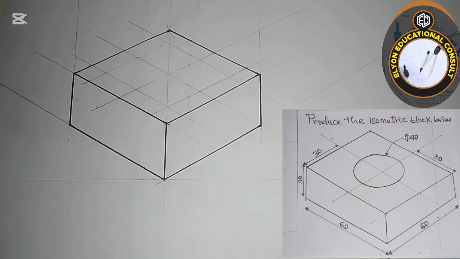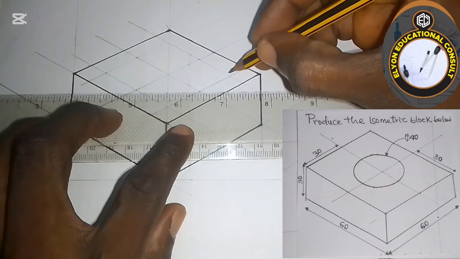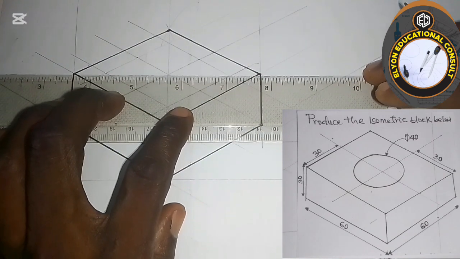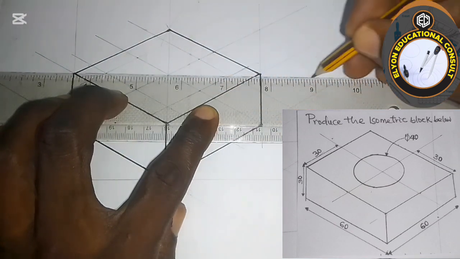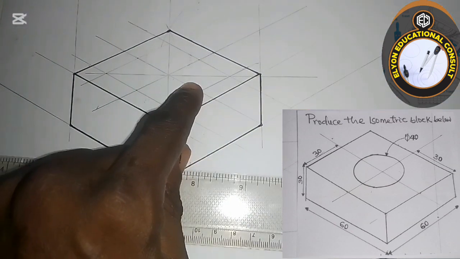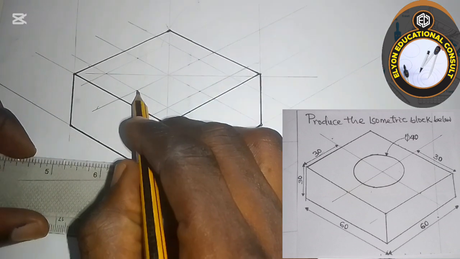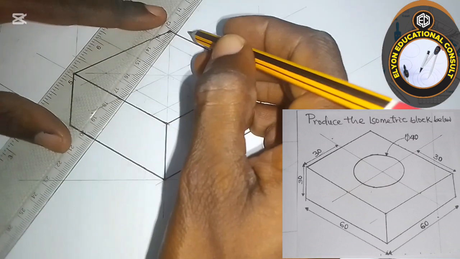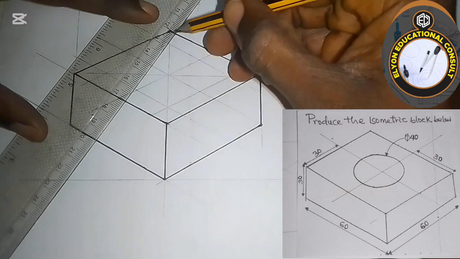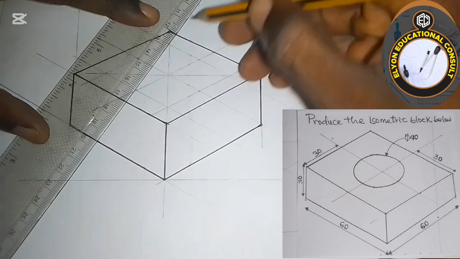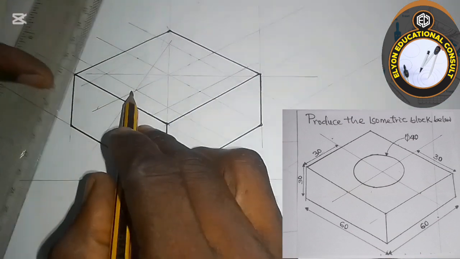I will draw the diagonal from this point to this point, passing through the center, as you can see that way. Take note, that is the diagonal. Then from this point here, I will draw a line to meet this center, producing a line passing through this center.